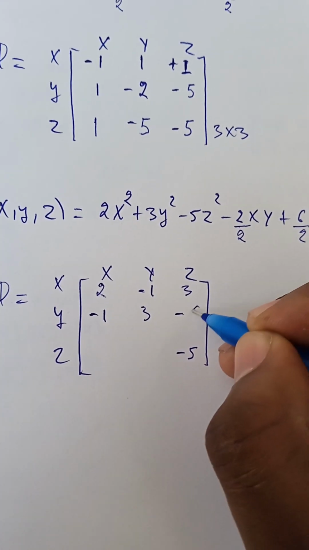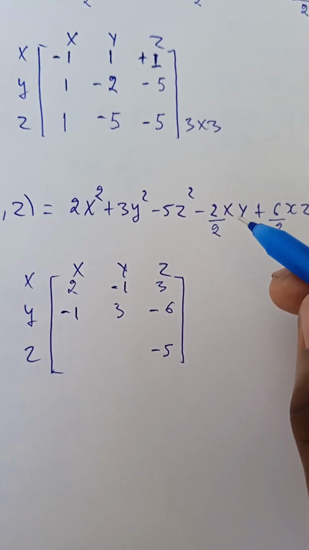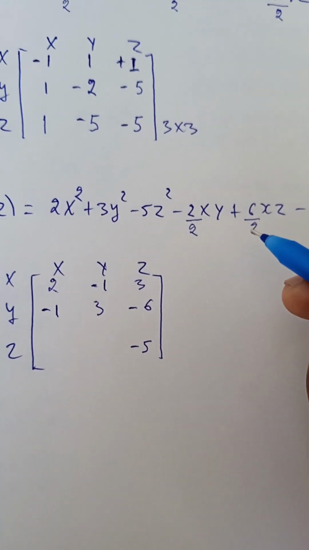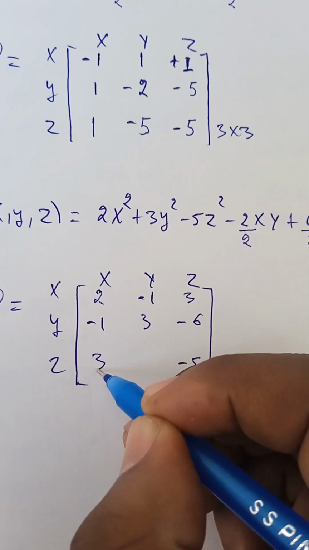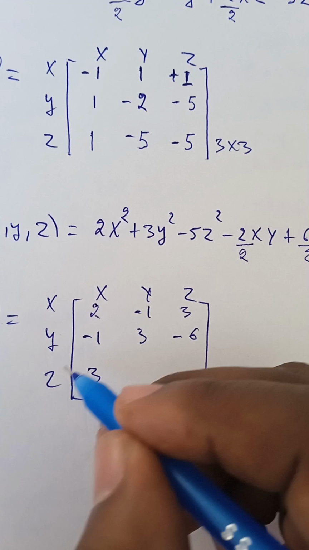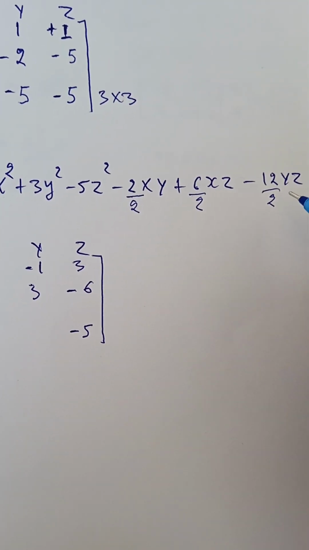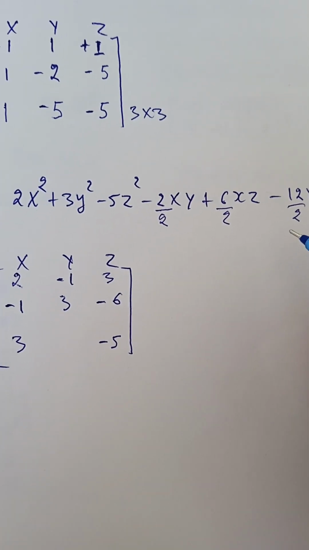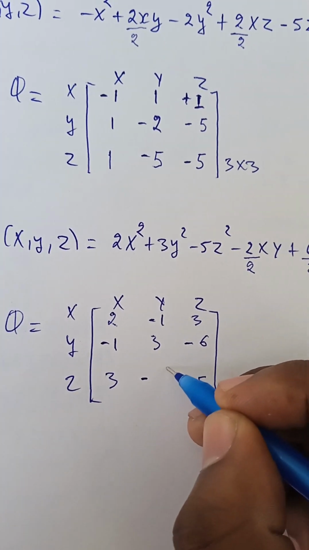Put minus 6 here. Z and x is 6 divided by 2, which is equal to 3. Put 3 here. The last one is z and y. The coefficient is minus 12 divided by 2, which is equal to minus 6. Put minus 6 here.